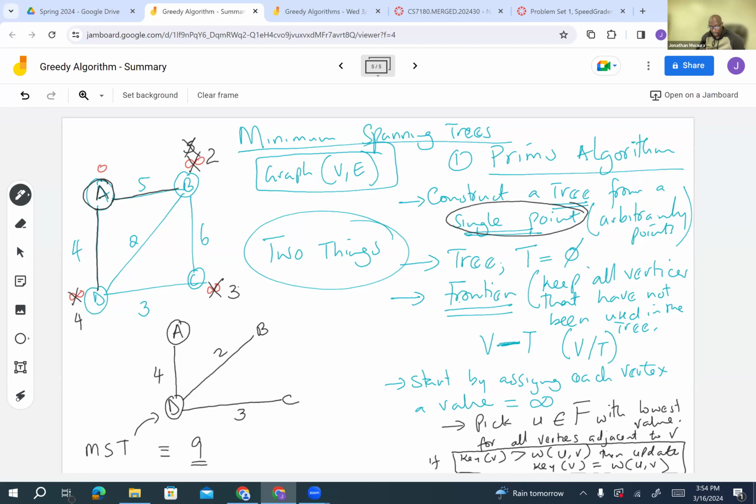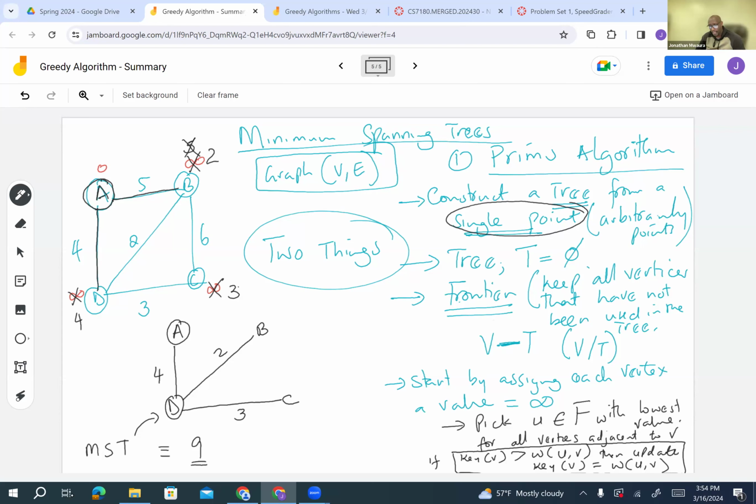Okay, so why is this a greedy approach? It's a greedy approach because from A, we are only interested in the value that minimizes the weight between the edges. The edge that we have from A to D is 4, and we are going to pick that up. Essentially, we are solving a sub-problem of the tree by picking the most minimal edge.